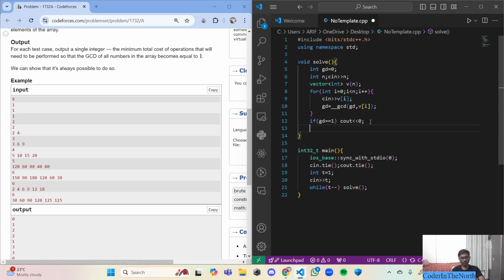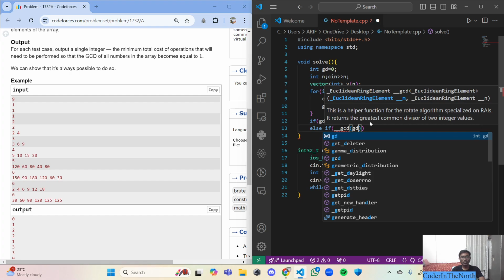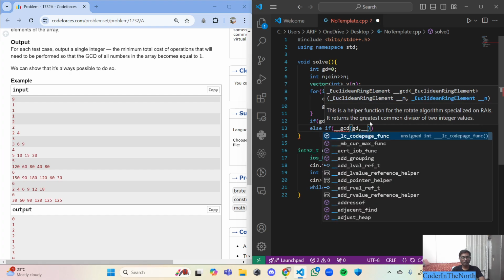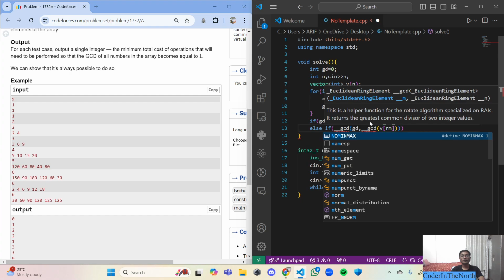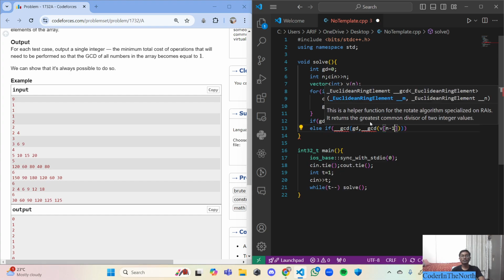Another case was else if GCD of GD comma GCD of v of n minus 1 comma n.